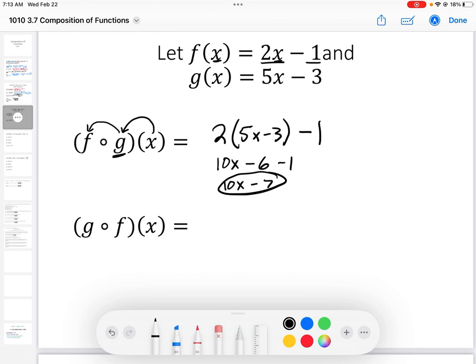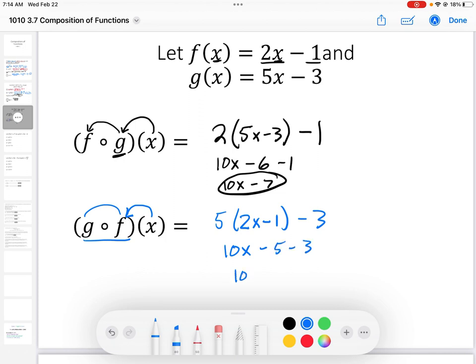And the order does matter because if you were to do g compose f of x, so if I take x and put that into f, that would give me 2x minus 1. Then if I take that result and put that into g, so g says to take the input and multiply by 5, then subtract 3, then that would give me 10x minus 5 minus 3.